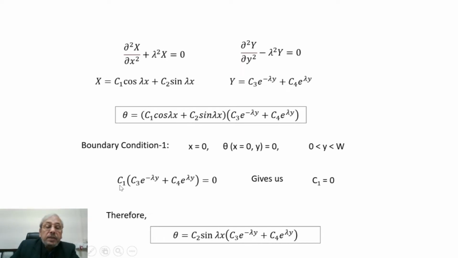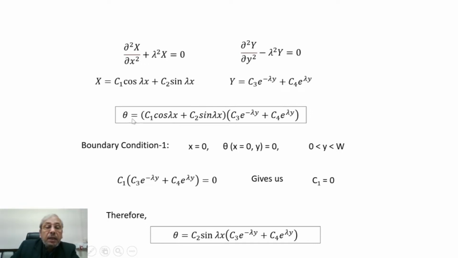We will get C1 times (C3 e to the power minus lambda y plus C4 e to the power lambda y) equal to 0. And this gives us the obvious choice, that C1 has to be 0. Now if C1 is 0, then again we can go back to the solution.